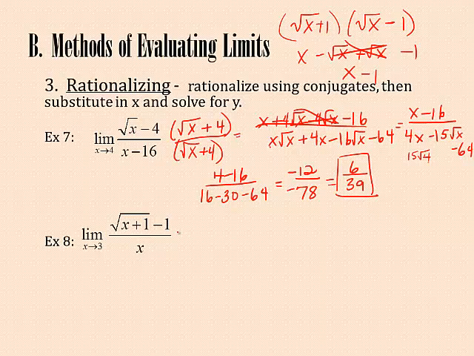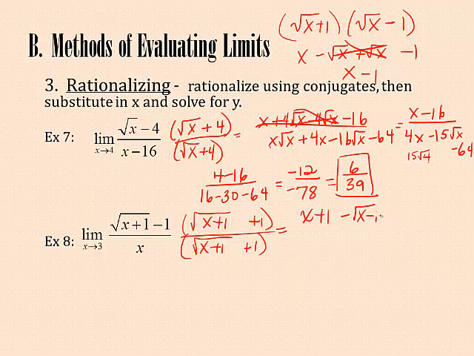Number 8 here. Let's do another one. Let's multiply by its conjugates. This one is x plus 1, all into the radical, plus a 1. Again, we're going to FOIL this out. So the x plus 1 comes out of the radical, minus square root of x plus 1 plus x plus 1 minus 1.